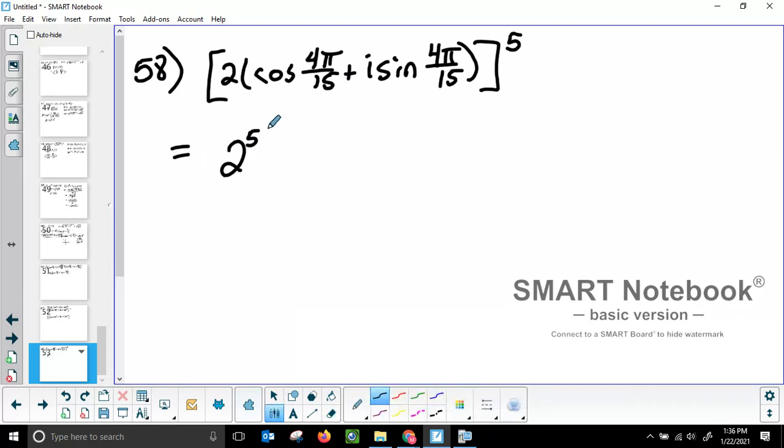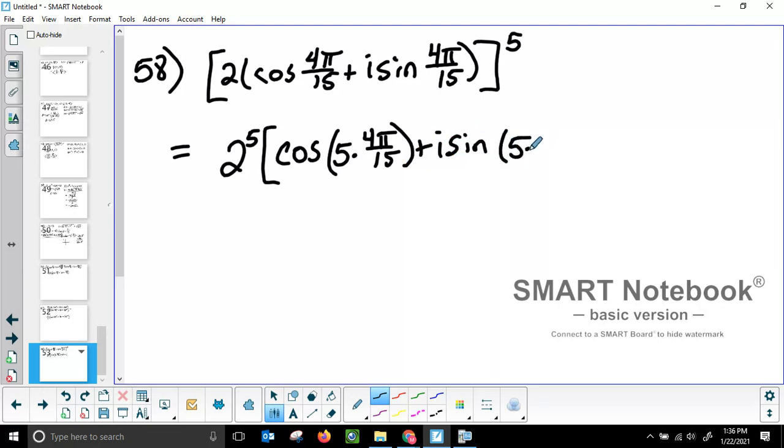This for aesthetic purposes. And we will now have cosine, and now we take this power and multiply it by this. So 5 times 4 pi over 15 plus i sine of 5 times 4 pi over 15.